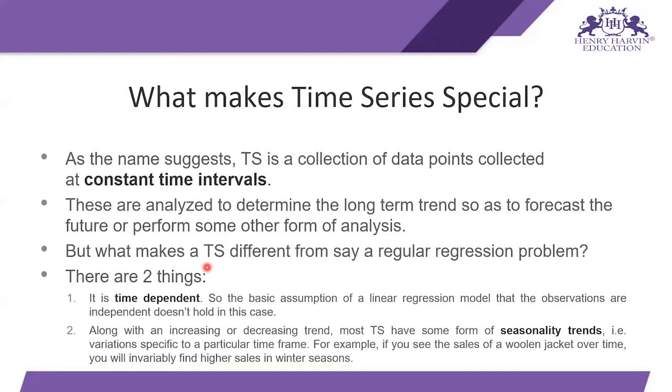But what makes a time series different from, say, a regular regression problem? There are two things. It is time dependent, so the basic assumption of a linear regression model, that the observations are independent, doesn't hold in this case.